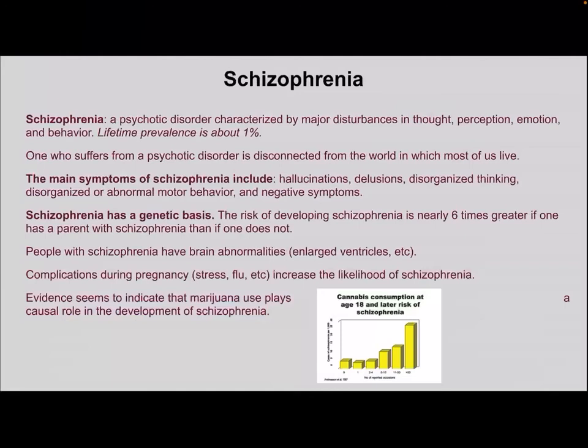People with schizophrenia do have lots of physical things that can be noted, though. Differences in neurotransmitters and brain abnormalities. There have been correlations with complications during the mother's pregnancy. They talk about all of that in the book.